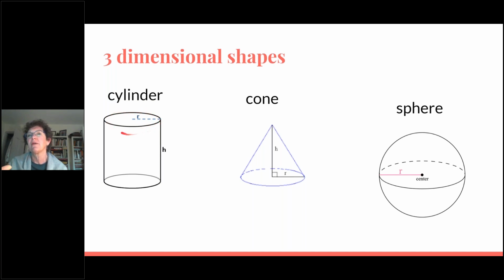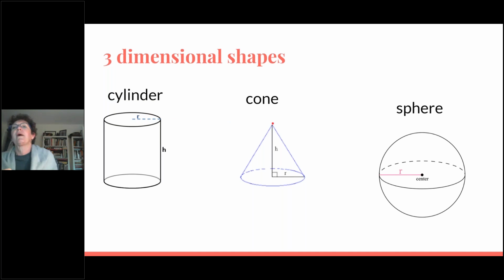So we use the formula for the area of a circle, which is pi r squared, r being the radius. So you need to know that dimension, and then you multiply that area by the height. How tall is it? And that will give you the volume of the cylinder.